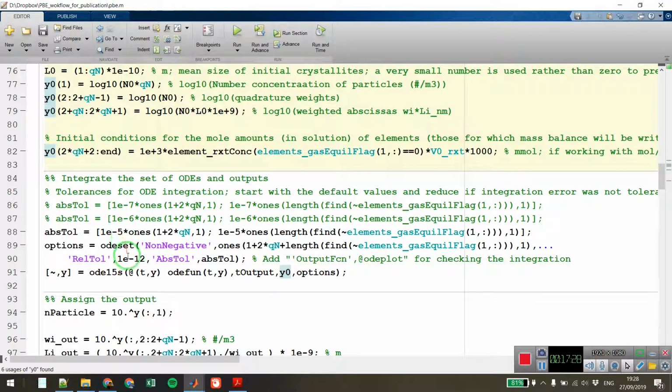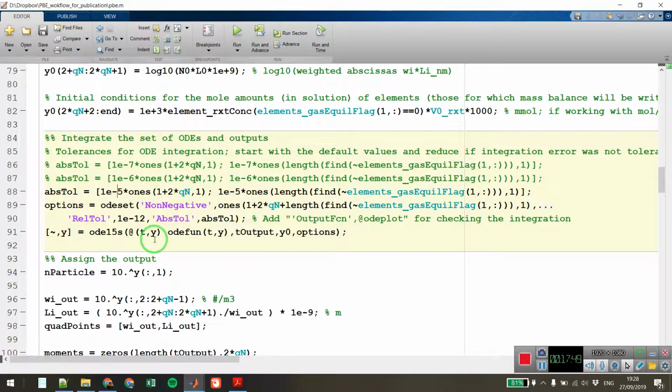I strongly recommend to start with these tolerances. Then if you are not satisfied with the accuracy of the higher order moments, based on the methods that you can cross-check as described in the paper, then you can maybe comment this line, uncomment these smaller values. It takes more simulation run time, but it gives you a more accurate result.